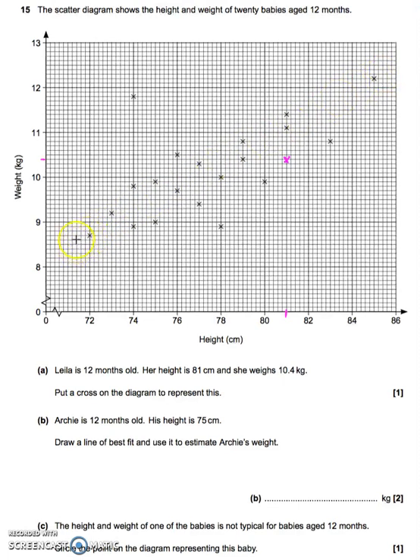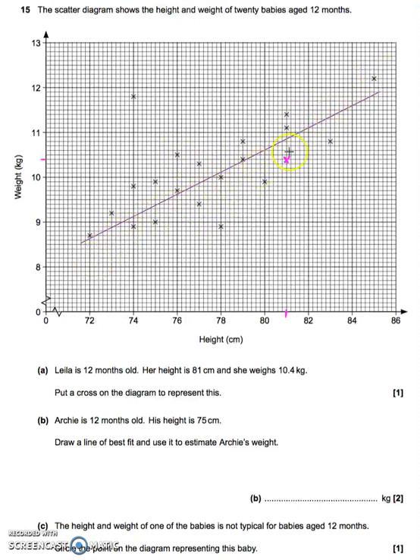What we do is we try and get the line as close to as many points as we possibly can. So use your ruler and just angle it in some different positions and see if you were to draw that line, it would be as close to as many points as possible. I'm going to go with probably about here, drawing this line of best fit, because it's quite close and a similar sort of distance away with the majority of the points from the line.